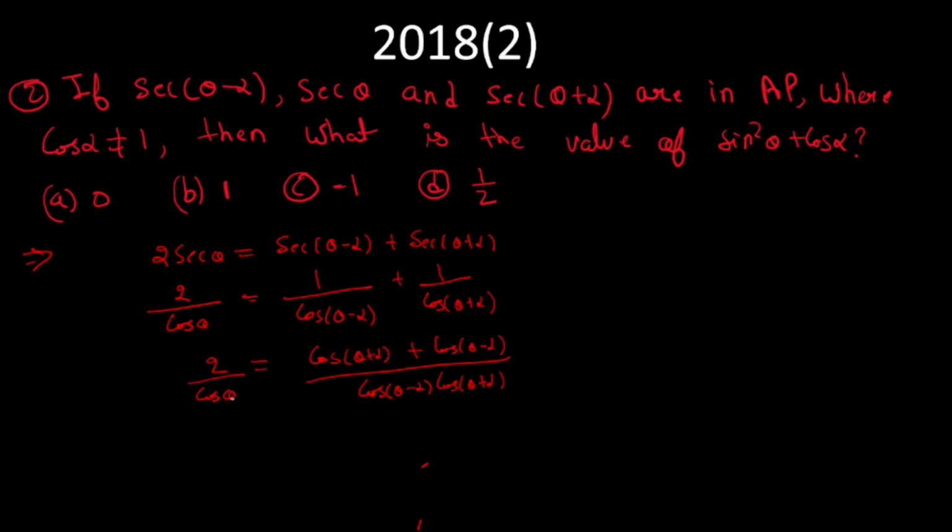Now I will open this. When I open cos(theta plus alpha), we get cos theta cos alpha minus sin theta sin alpha.